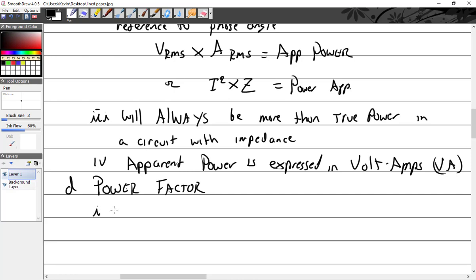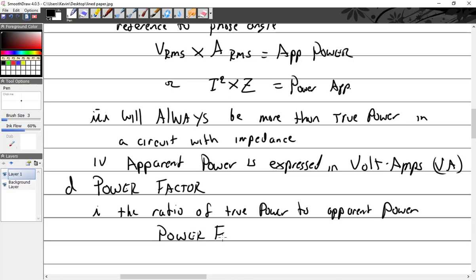Never mind. All right, power factor is the ratio of true power to apparent power. And the formula would be power factor equals true power divided by apparent power.